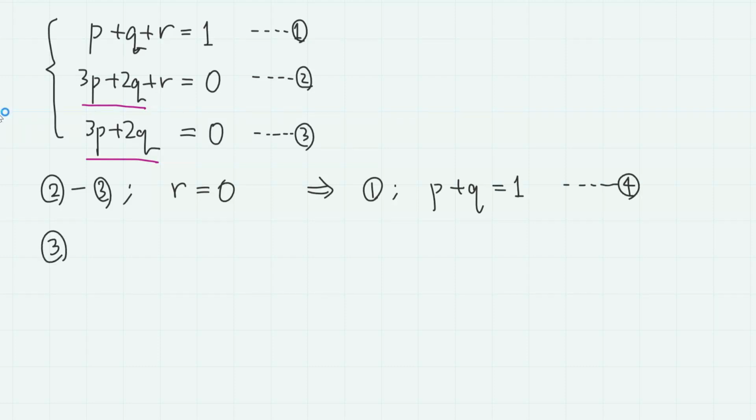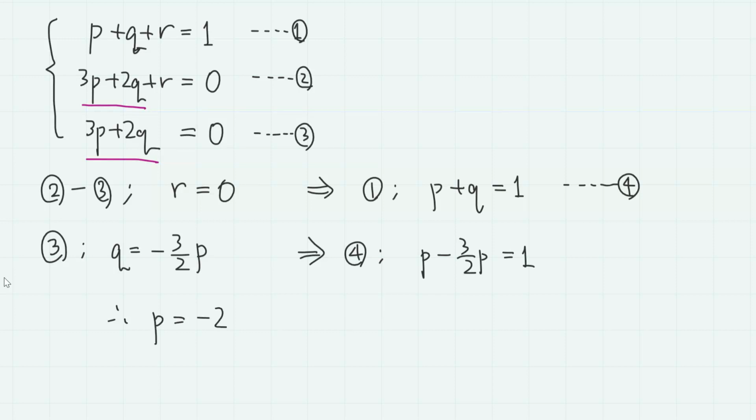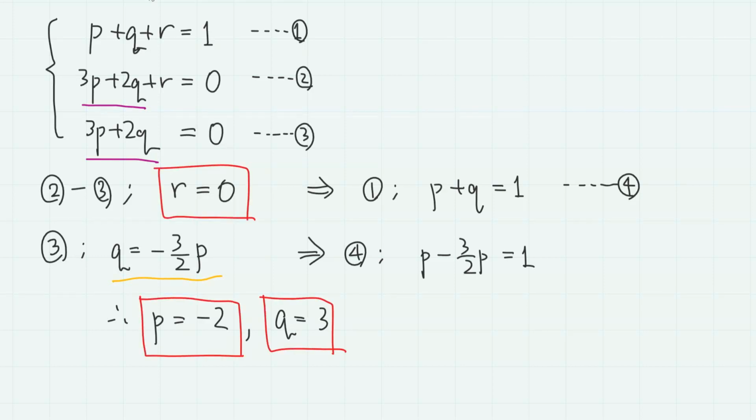Now, from the third equation, we have q equals minus 3/2 p. And if we substitute q with this expression in equation 4, we have p minus 3/2 p equals 1, which gives p equals minus 2. And from here, q equals 3. So we have obtained the values of p, q, and r.